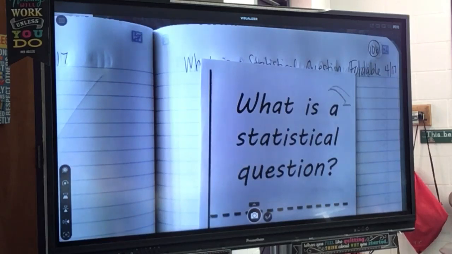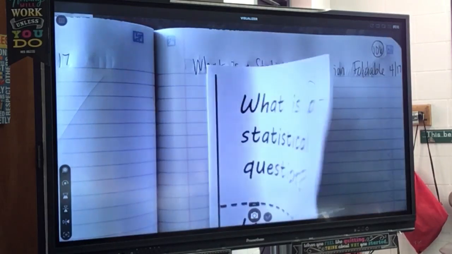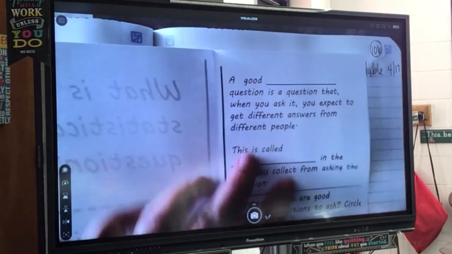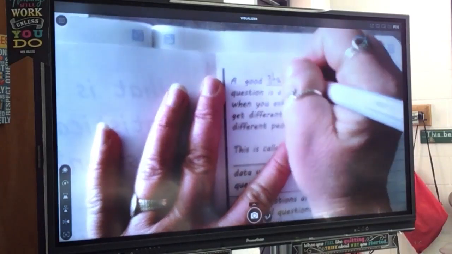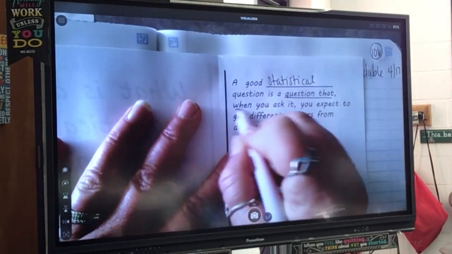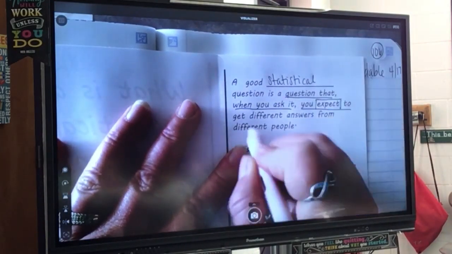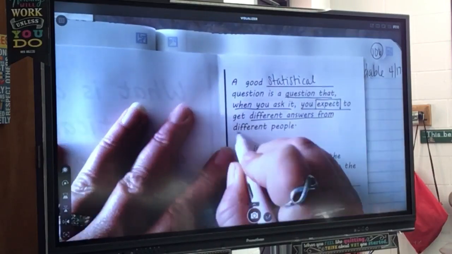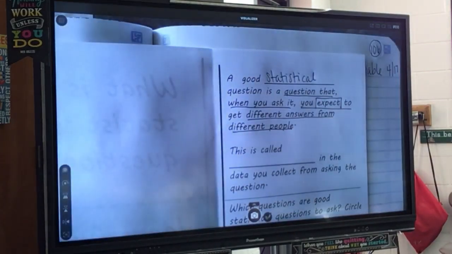All right, so starting with the top one, it says, what is a statistical question? A good statistical question is a question that, when you ask it, you would expect to get different answers from different people. So the expectation is that you get lots of different answers, okay?